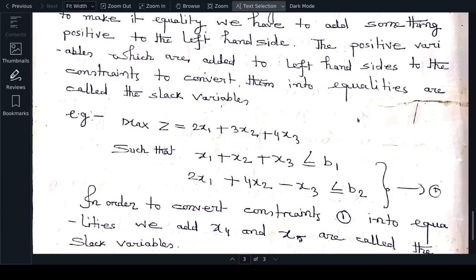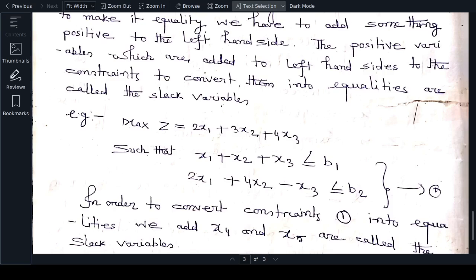Sir, if the constraint has the sign greater than or equal to, then we will add something positive to the right hand side.